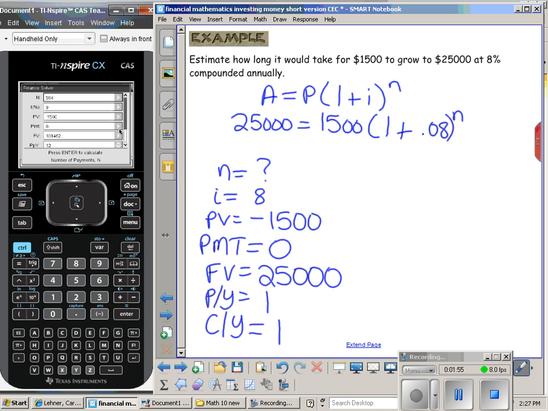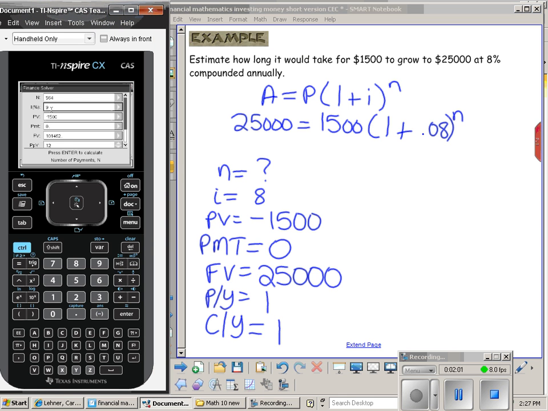So if we go to our calculator and we substitute these values in, N is what we're going to look for, so we won't do anything there. I is 8. P is negative 1,500. Our future value is 25,000. And our pay per year and our compounding per year are 1s. So now we can go up and we can find how long this is going to take.